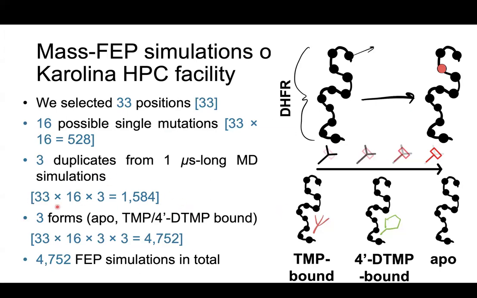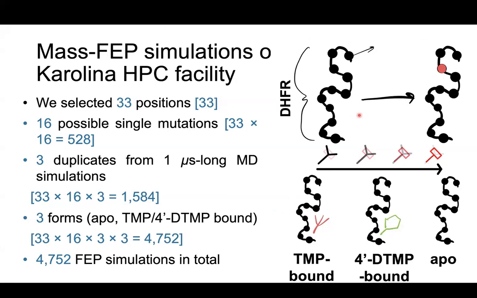Therefore, now it is 33 times 16 times 3, 1,500 something. And there are 3 forms, apo, TMP bound, and DTMP bound. So again, there's 3. In total, we will calculate 4,752 FEP simulations. So what is an FEP simulation?